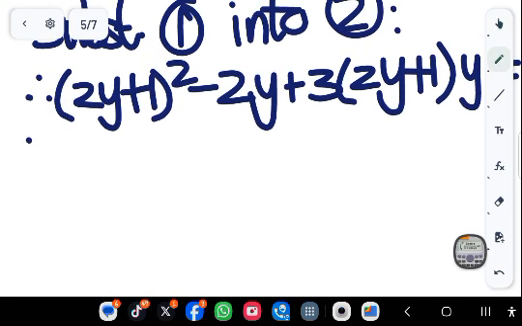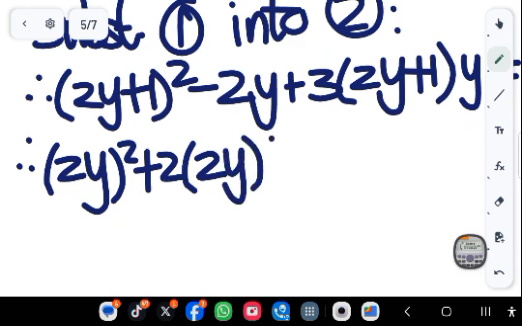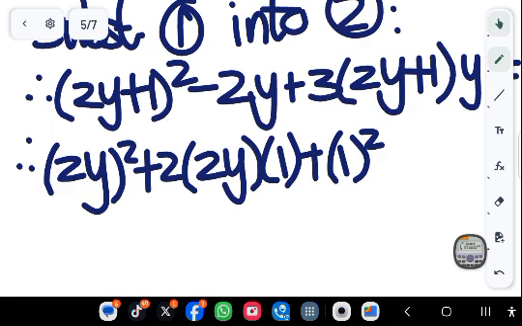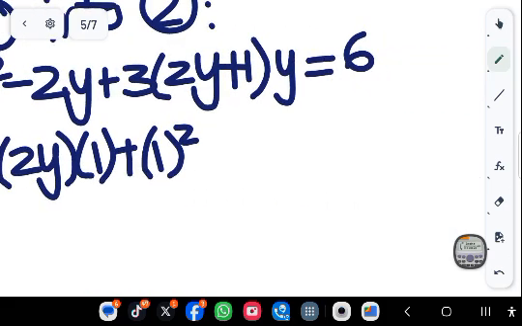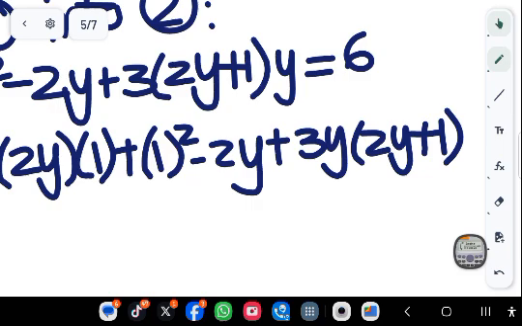Expand. Okay, this is 2y all squared. We're squaring a binomial here. Times 2y times 1 plus 1 all squared, minus 2y plus 3y times 2y plus 1 equals 6.